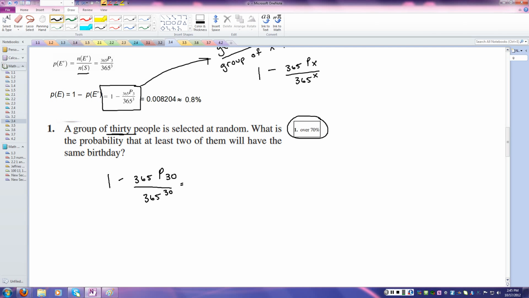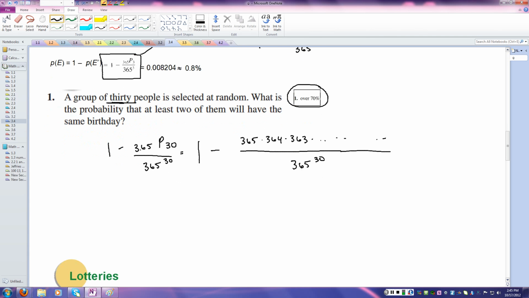With 30 spots, it's going to be really time consuming to take 1 minus 365 times 364 times 363, etc., because I'm going to go down to 30 spots, divided by 365 to the 30th power, which is just a large number.